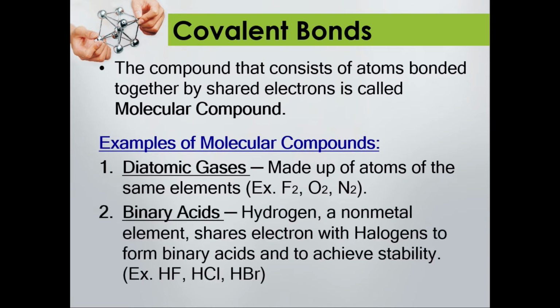And we also have the binary acids, where hydrogen, a nonmetal element, shares electrons with halogens to form binary acids and to achieve stability. As we can see, we have HCl or hydrochloric acid, HF hydrofluoric acid, and so on. That is why they are called binary acids.